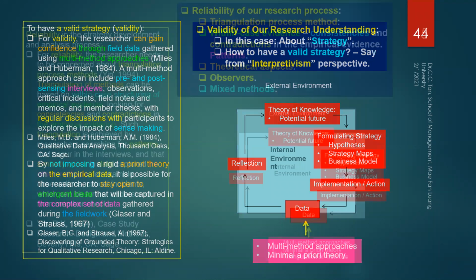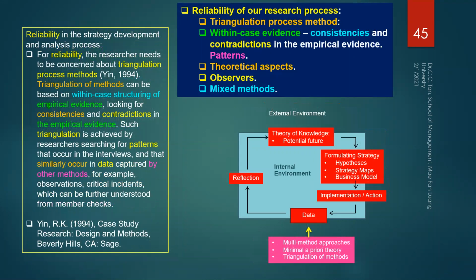Okay, so if we are within a case, if you zoom into a case, for example, if I want to study these agricultural cases in Chiang Rai and see how they behave, whether it is competitive or not, I have to go and observe through multi-method approaches or minimum a priori theories, using many different types of methods and triangulation between this method and that method.